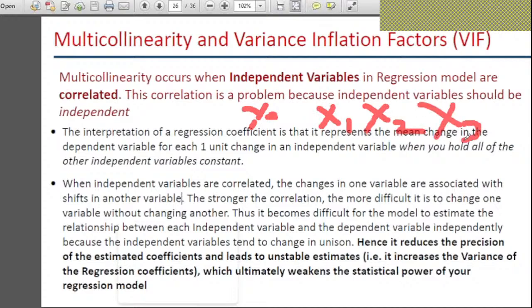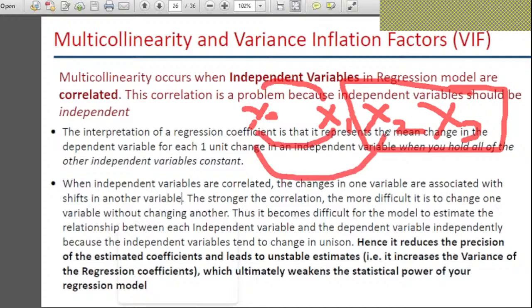Now x2 and x3 are correlated. Can this coefficient of regression signify an independent relation between y and x2, leaving x1 aside? No, because a change in x3 will also make a change in x2, because they are correlated. So it is difficult to understand the relation between x2 and y.